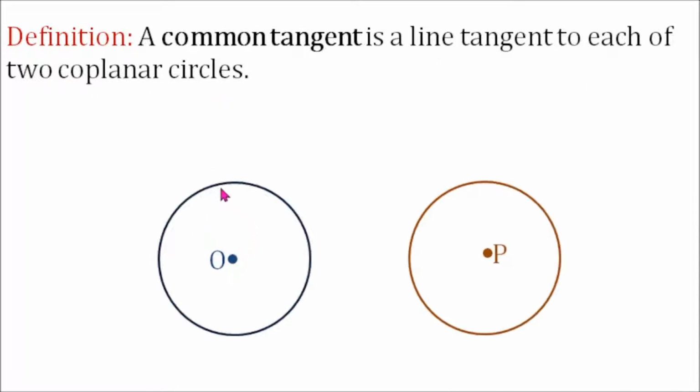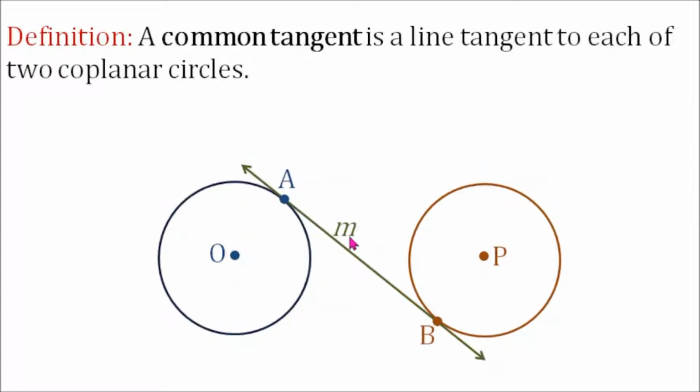We have here two coplanar circles, circle O and circle P. So line L is a common tangent because it is tangent to both circles. Line M is also a common tangent because it is tangent to both circles.